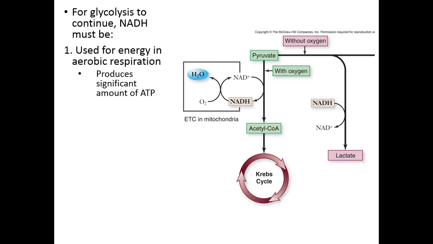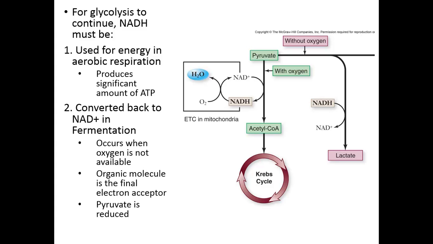That can be done either through aerobic respiration, which also produces a lot more ATP, or if you don't have oxygen, some cells, prokaryotes in particular, which are called anaerobic, will convert NADH back to NAD+ in a process called fermentation. And that will allow glycolysis to continue, and they'll still get 2 ATP for every glucose molecule.